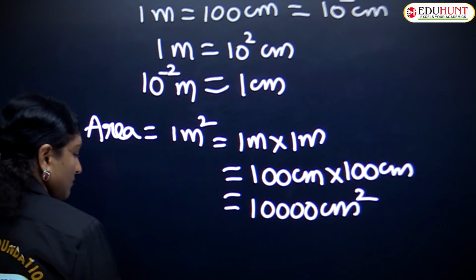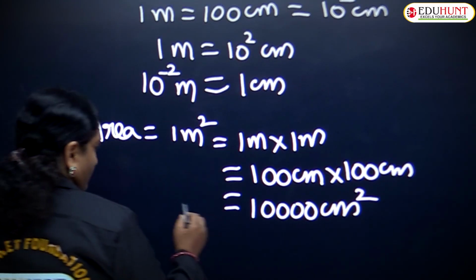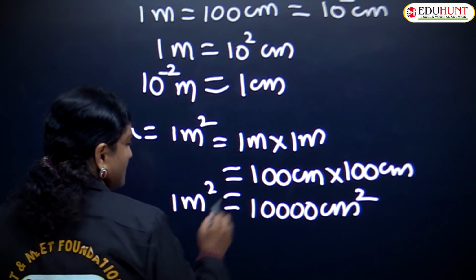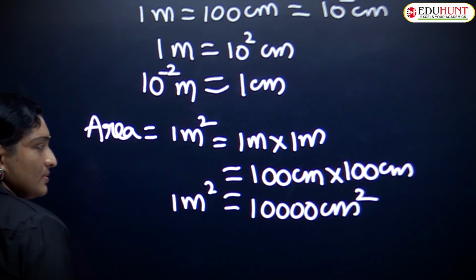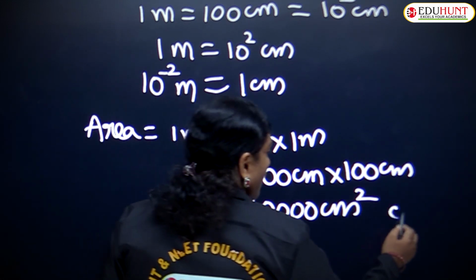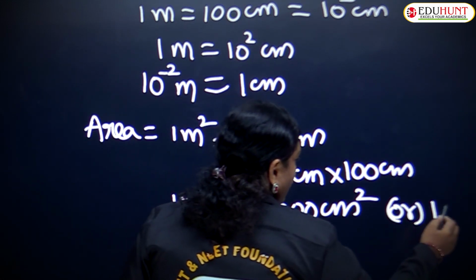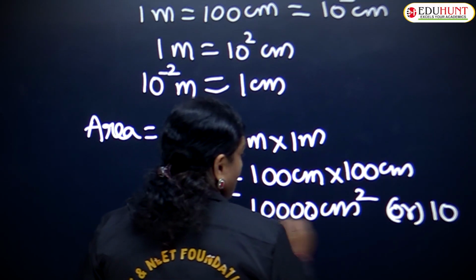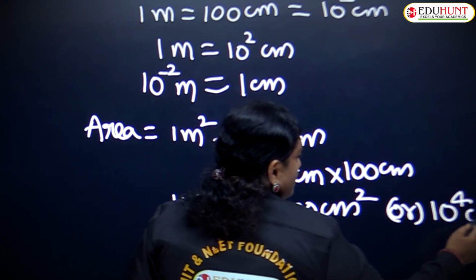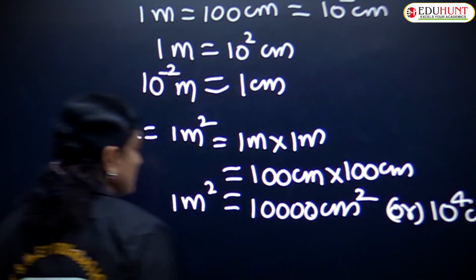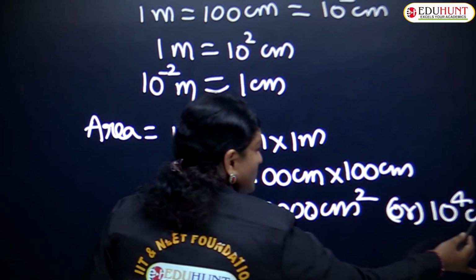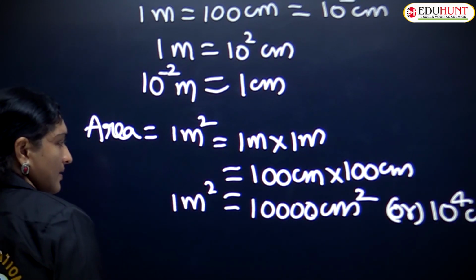So 1 meter square is equal to 10,000 centimeters square, or simply 10 power 4 centimeters square.